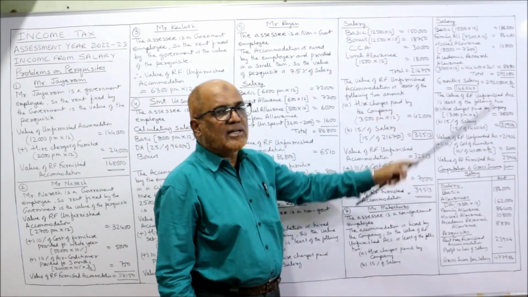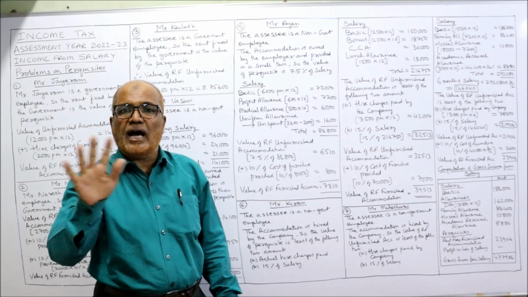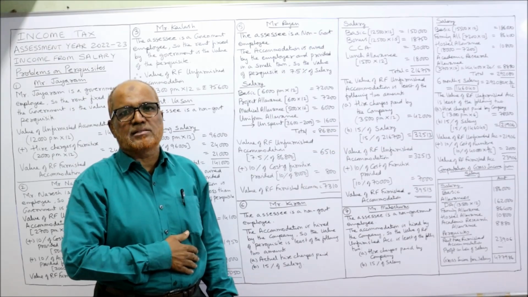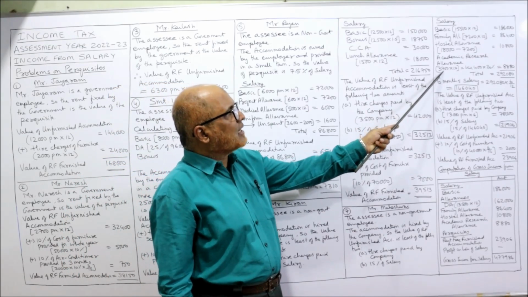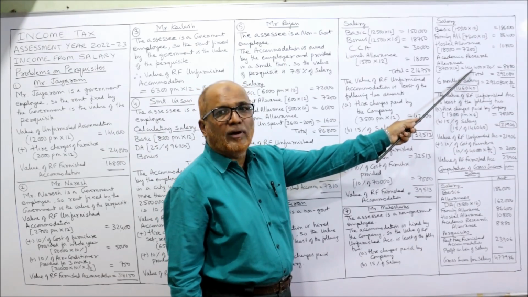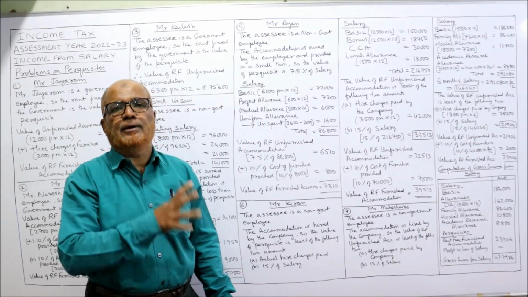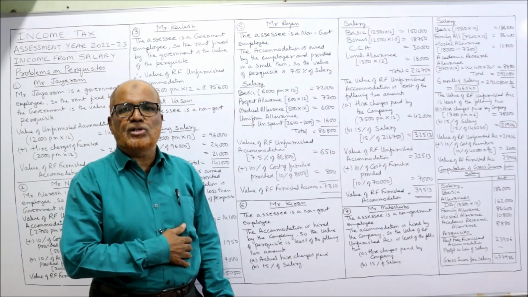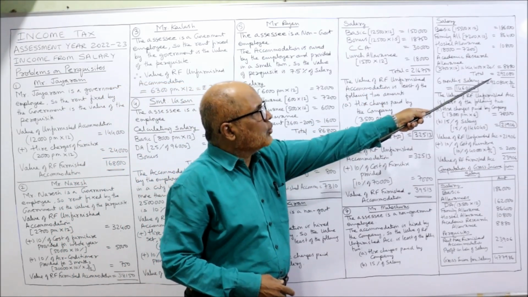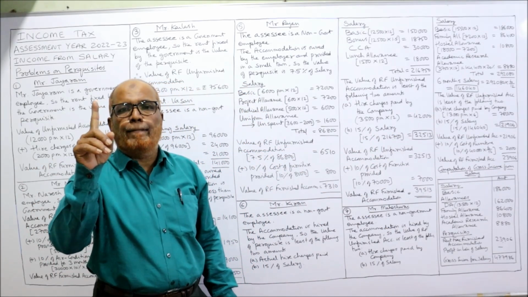And academic research allowance, 80% is spent, 20% is unspent. That 20% is taxable. So how much academic? 3,700 per month into 12, you will get 44,400 into 20%, 8,880. That is taxable research allowance. Now take the total, 2,92,000 is the total of salary for 1 year.